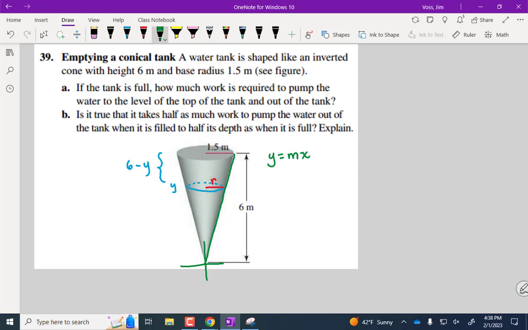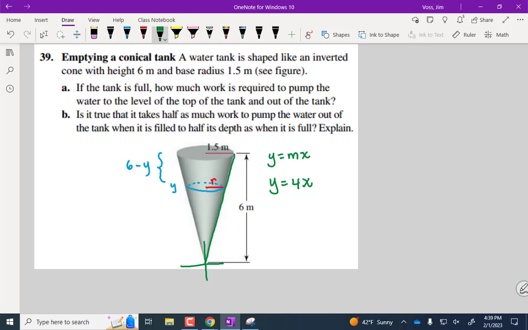What's the slope of that line? Rise over run. 4. So that's the equation of that right edge then, y equals 4x. You agree? So rise is 6, run is 1.5, so 6 divided by 1.5.